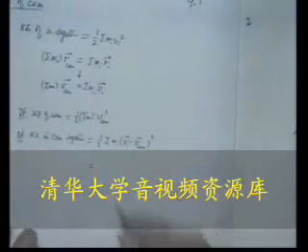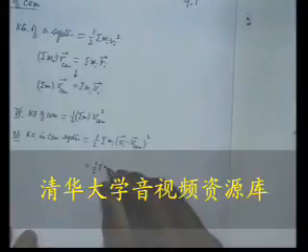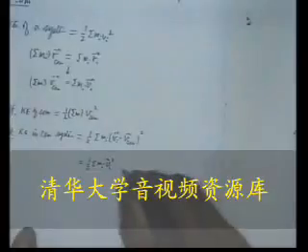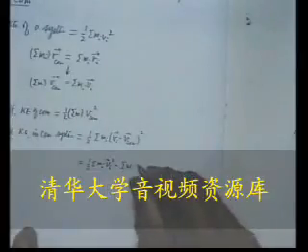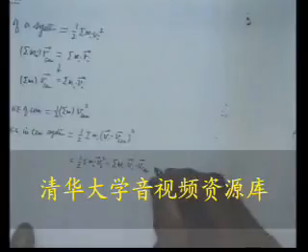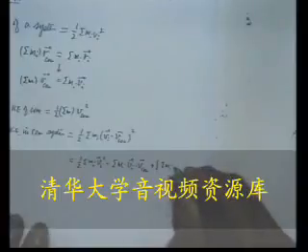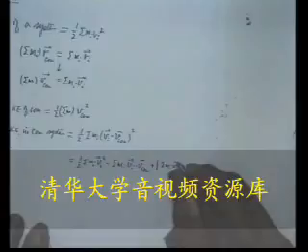Now we expand this. It becomes 1/2 sum of mi vi squared minus summation mi vi dot v center of mass plus 1/2 sum mi v center of mass squared.